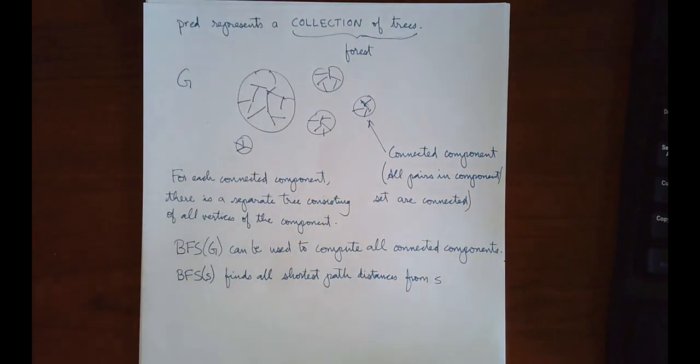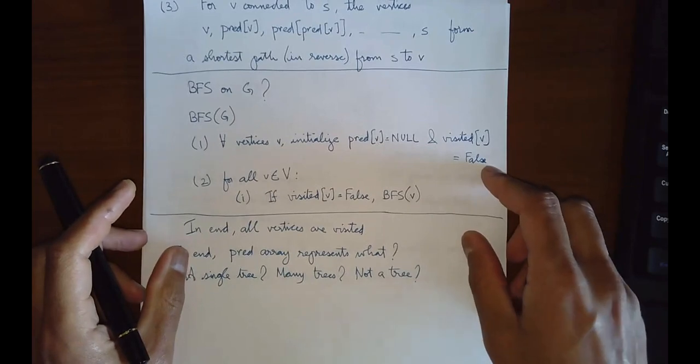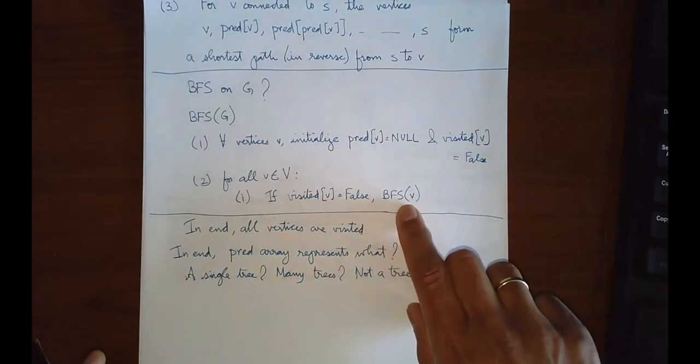Any questions about this? So when you're doing a BFS on the entire graph, the reason you're looping through all vertices is to touch those connected components, right? Exactly. BFS is trying to visit all the vertices of the graph. So you're not doing it multiple times in one connected component, because when you call it on one vertex inside the component, it does it immediately for the entire thing. It doesn't call BFS for all vertices in the component.